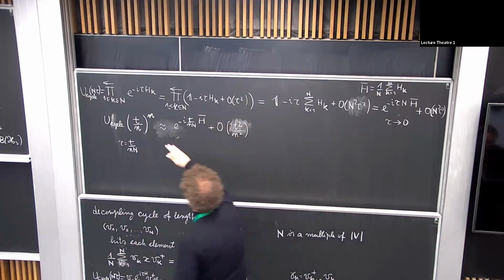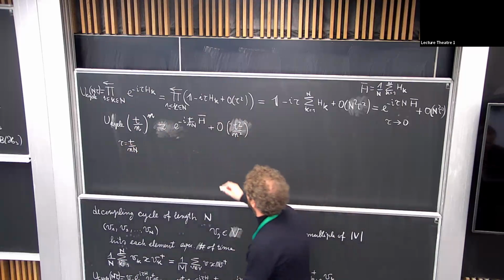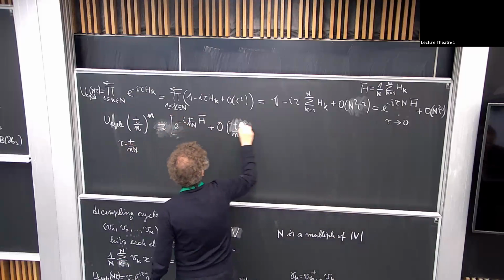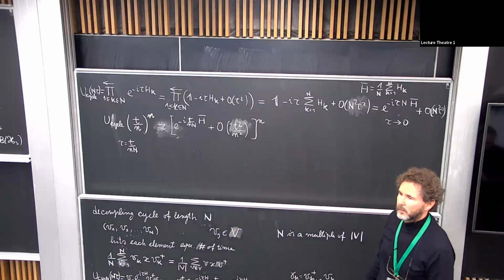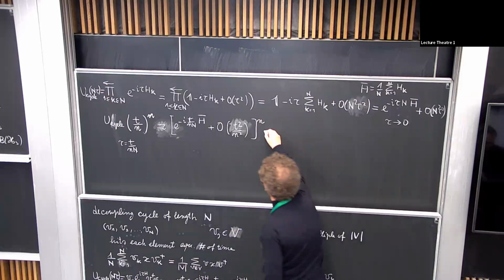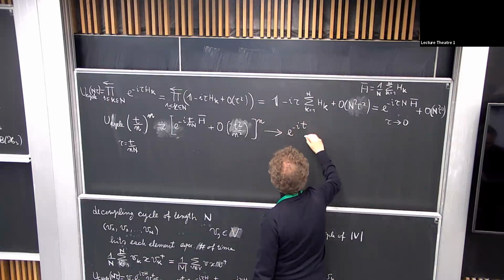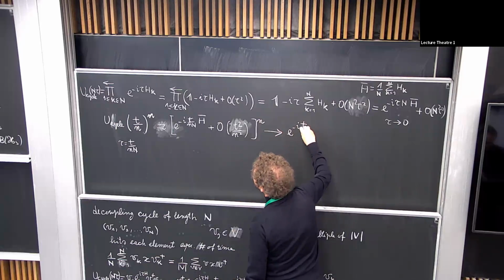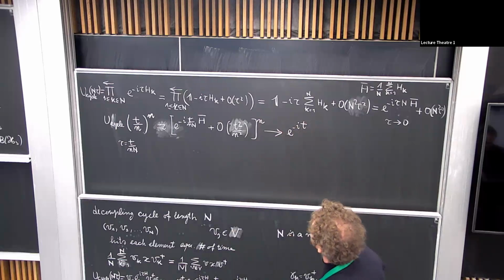Okay, this is equality, to the power n. And so you immediately see, and this goes to t. You missed capital N. N drops out.